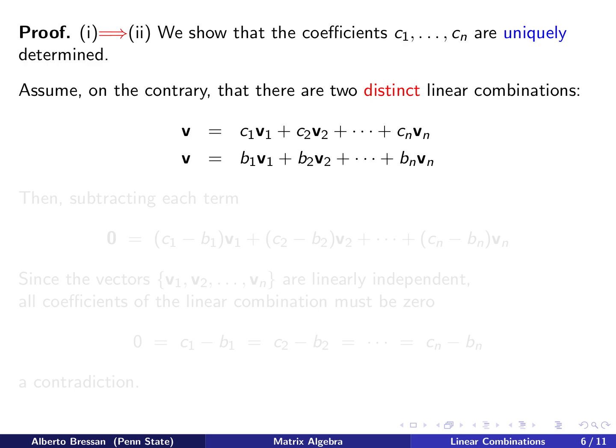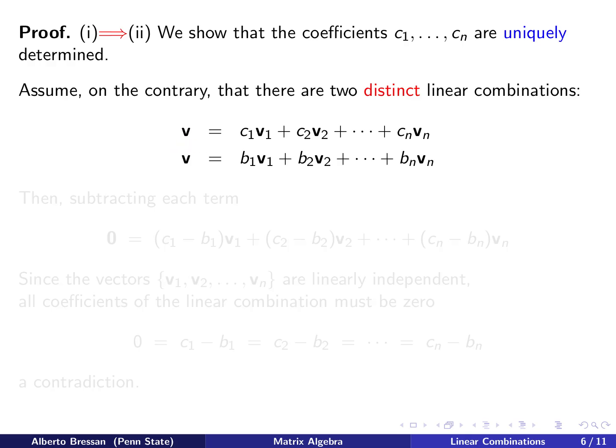So it seems like our preferred way of showing the proof, as we often have done, is to use contradiction. We assume the opposite and we derive something that is absurd. So on the contrary, let's say that there are two distinct linear combinations.